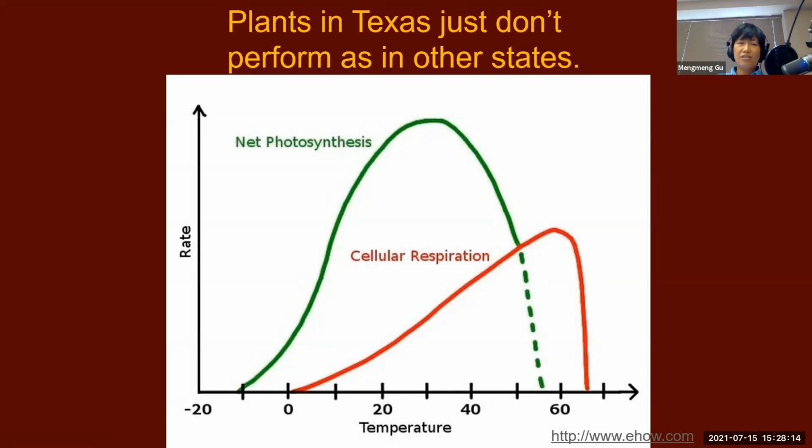So in Texas, plants don't perform as in other states because we have very high night temperatures. Plants don't get to take a break during the nighttime. So that's another stressor. That's not necessarily true in many other states.